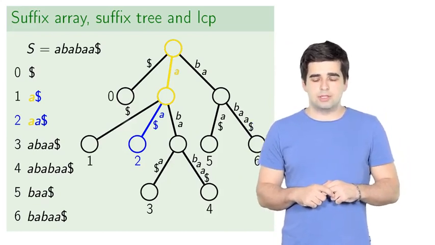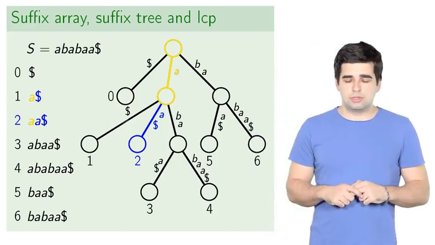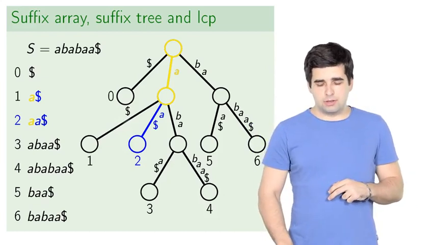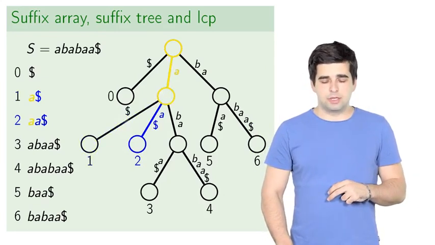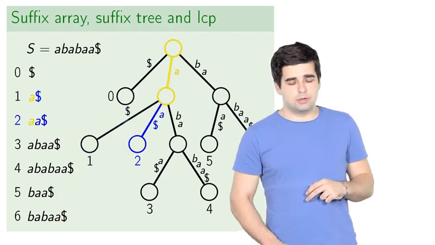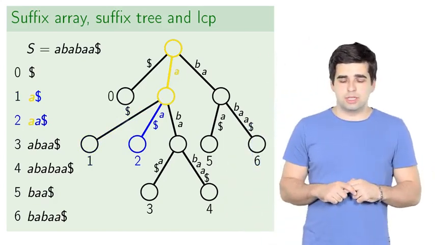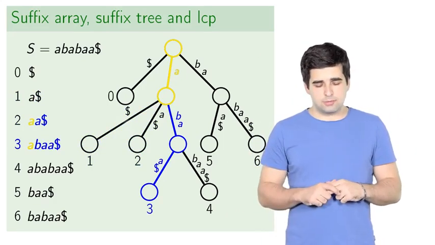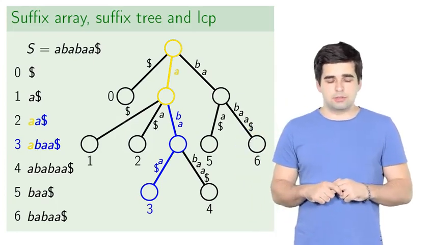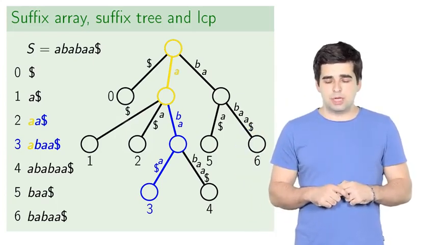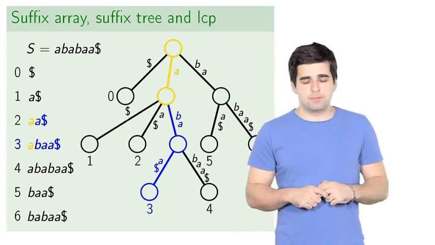And then we have the main loop, which proceeds while the current length is still strictly less than the length of the string. If it is, then we first need to sort the doubled cyclic shifts of length 2L, and then we also need to update their equivalence classes so that the next iteration can use them to again sort the doubled cyclic shifts.